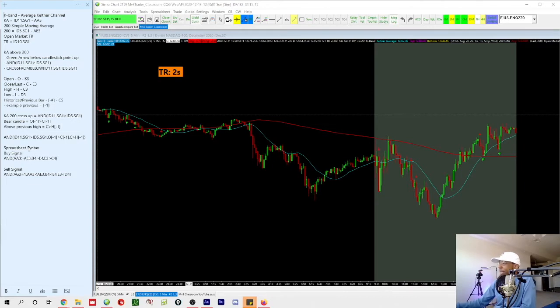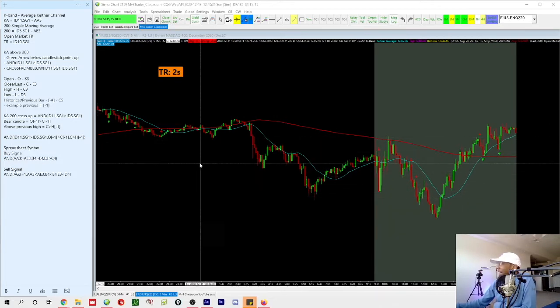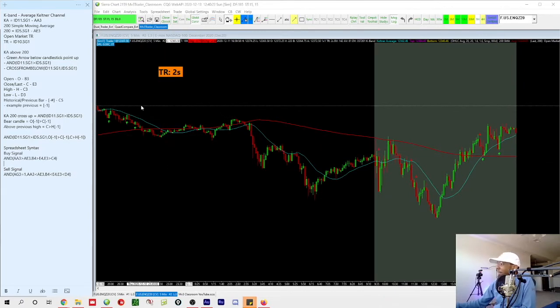All right, so here is the formula that we put together for spreadsheet right in here, okay? And this is going to be our buy signal, and this is going to be our sell signal, okay? And I went into detail about all of this in the other videos again. All right, so let's go ahead and start building out this trading system.